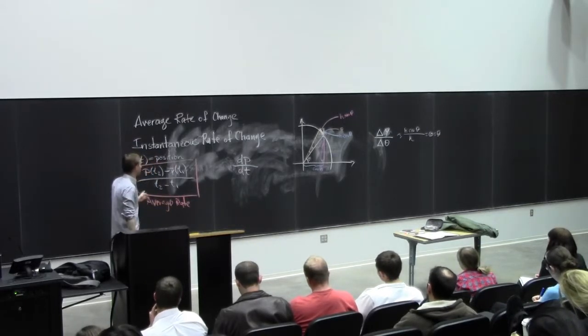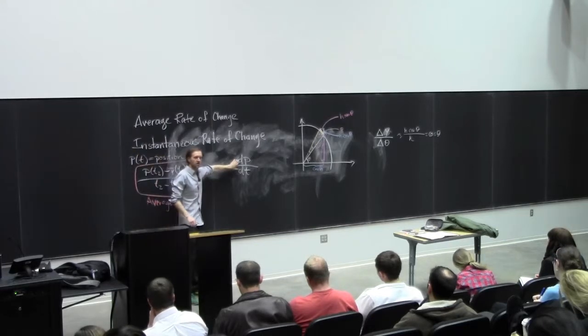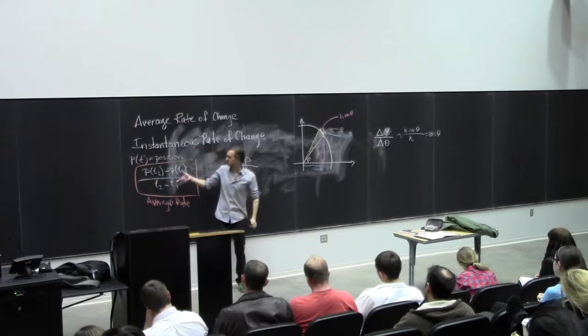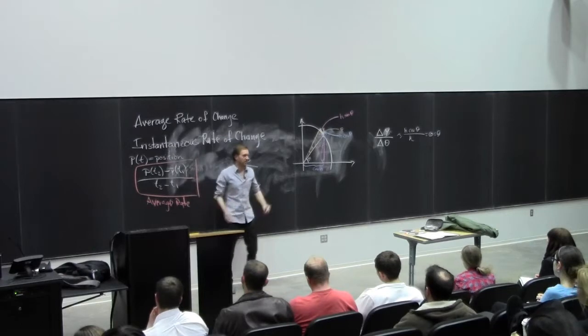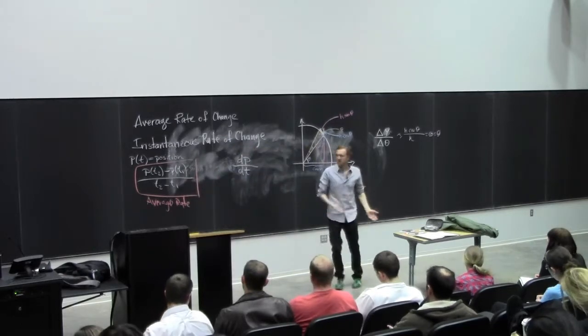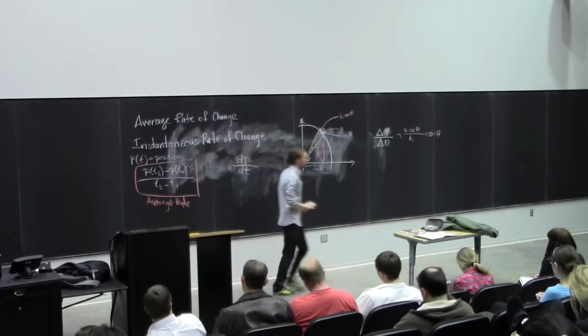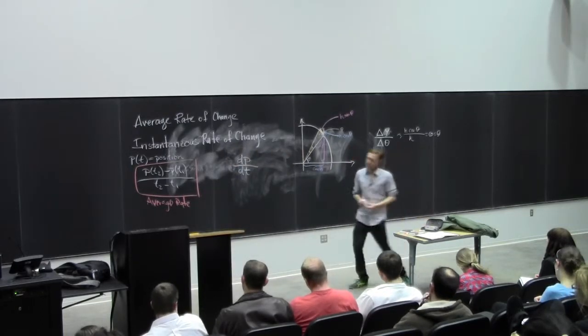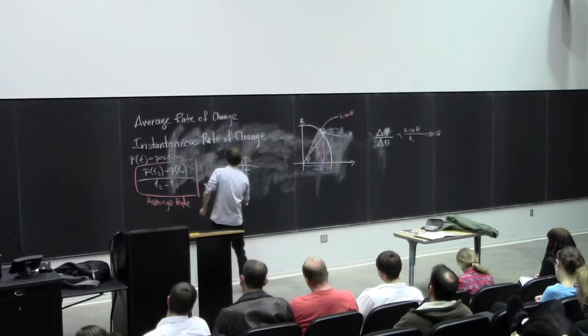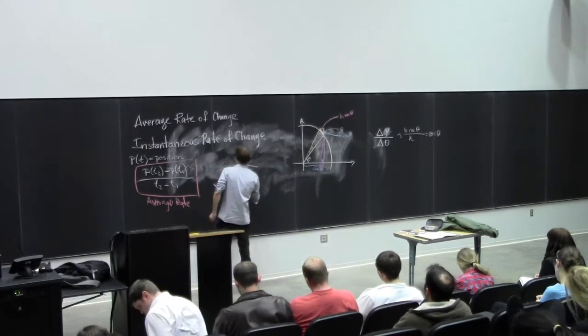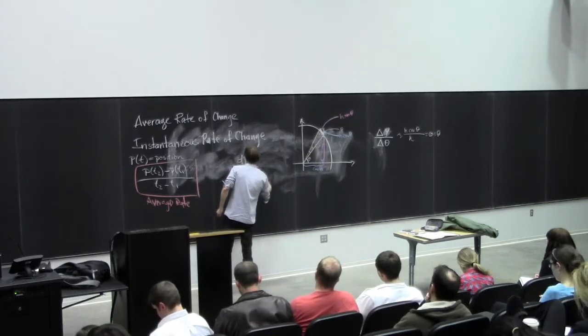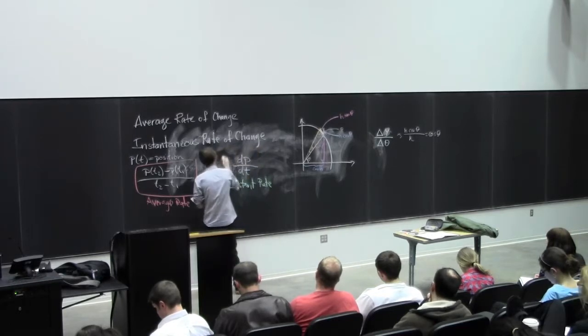But then after I wrote it, I realized, look, see this fraction here? This is supposed to be reminiscent of this fraction here. That's why they chose the notation. So this is instantaneous rate.